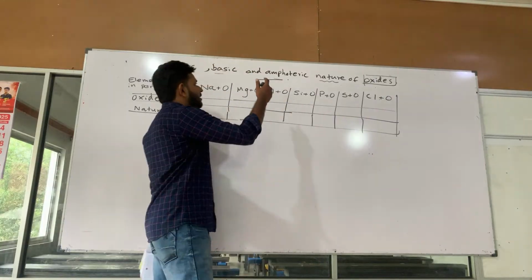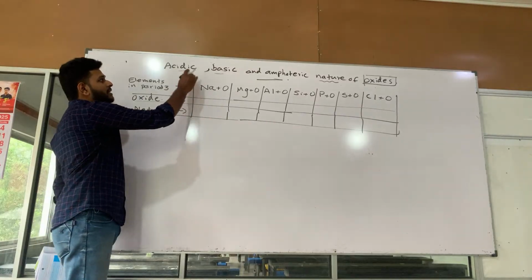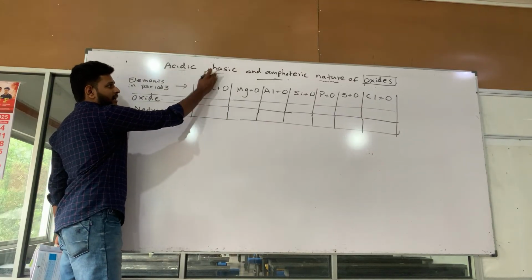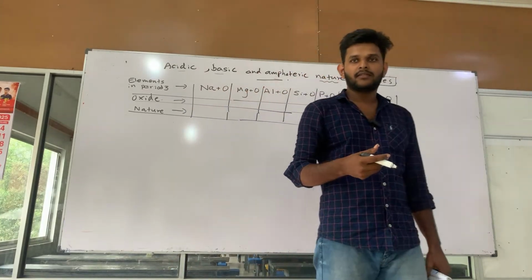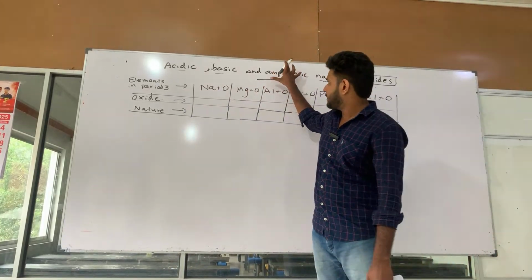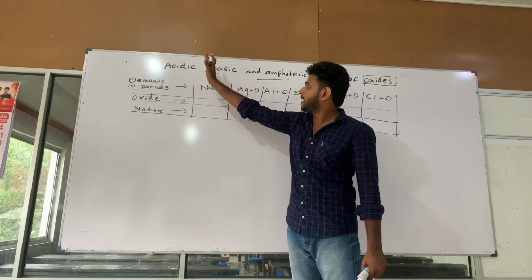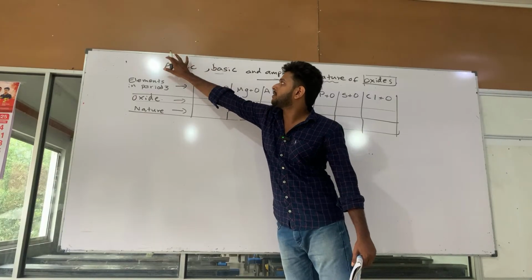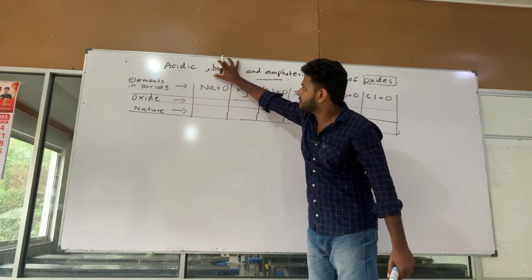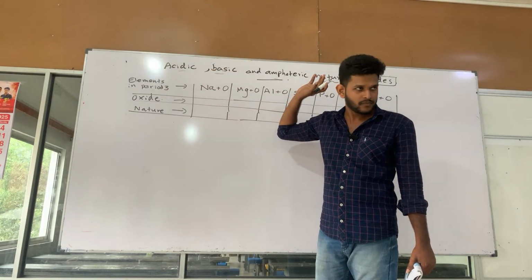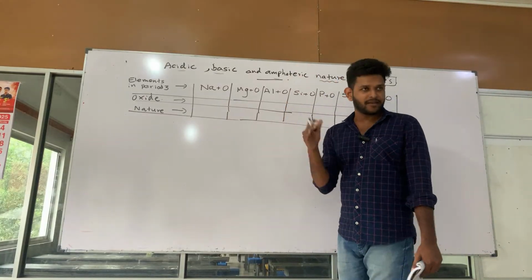So this amphoteric nature has a similar meaning, between acidic and basic properties, showing both acidic and basic properties. Understood? Amphoteric means it shows both acidic and basic, right? Something like the middle: some features are in the acidic part and some features are in the basic part, right? Understood?